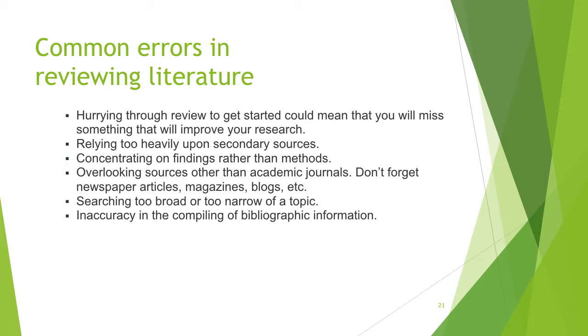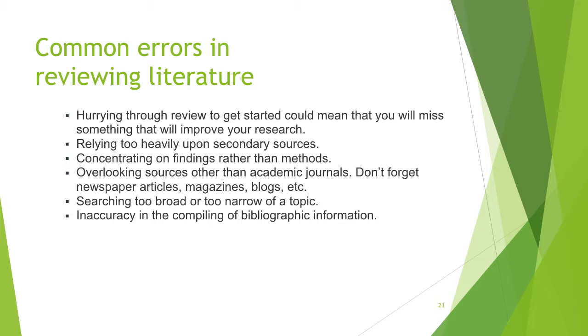It is also a problem if you overlook sources other than journals. You can use other sources, they just need to be of high quality. However, that being said, the majority of your sources should be academic articles. Books should be the next level after that. Below that, then you can have other kinds of sources such as statistics from websites, the U.S. government, those kinds of things.